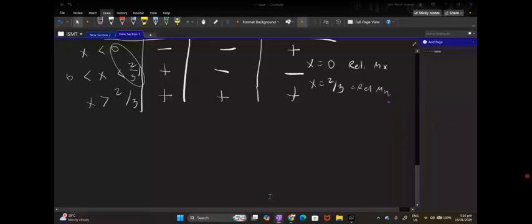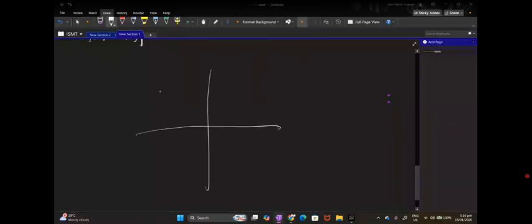Di ba, let's say we have a function here. Kunyari, pag ganito. Yan. So, sa first derivative, di ba may sinasabi silang increasing? Kunyari, ito yung increasing natin. Pag ganyan. Nalalaman natin yan sa first derivative. Pero sa second derivative, dito natin nalalaman yung concavity, kung paano nag-curve yung function.